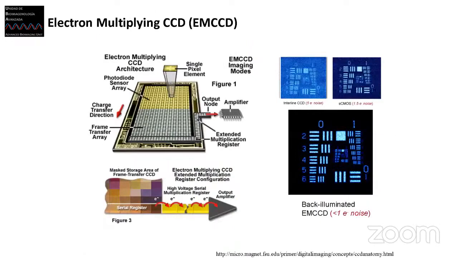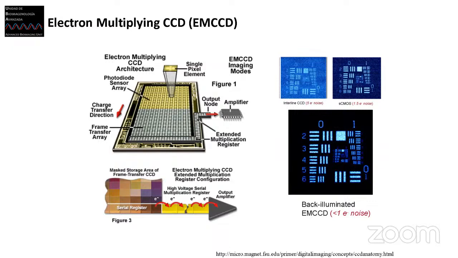But if we want to go to single molecule detection, we need to count photons from a single emitter. And in that case, we need readouts that can handle very, very low noise and very few photons hitting the detectors. And this is the show of the EMCCDs.